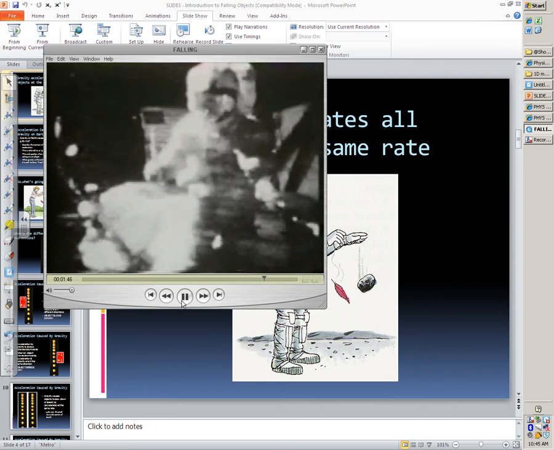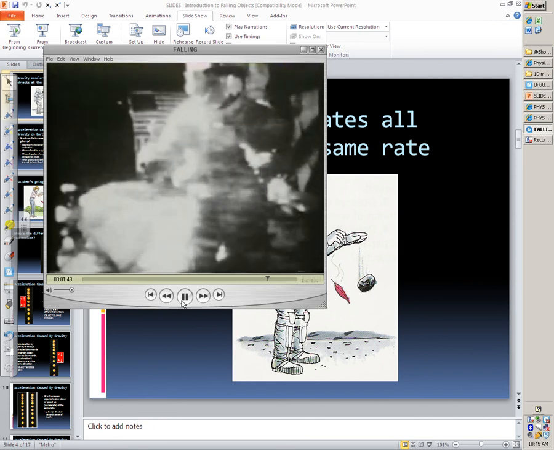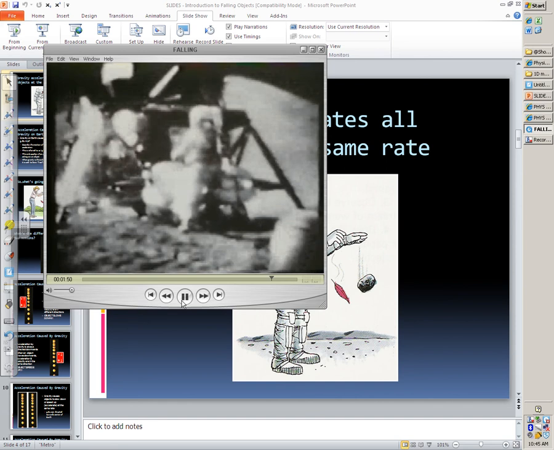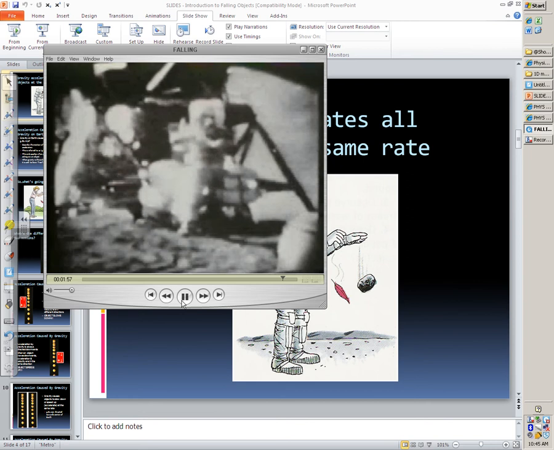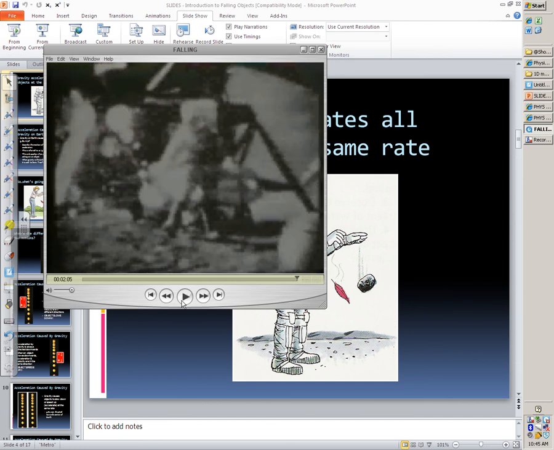And we thought that where would be a better place to confirm his findings than on the moon. And I'll drop the two of them here and hopefully they'll hit the ground at the same time. How about that? Mr. Galileo was correct in his findings.